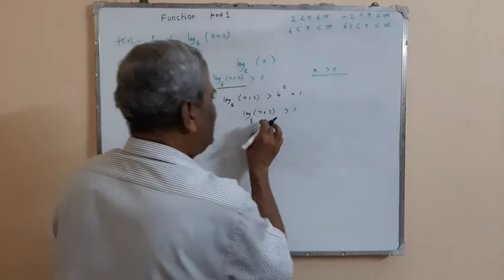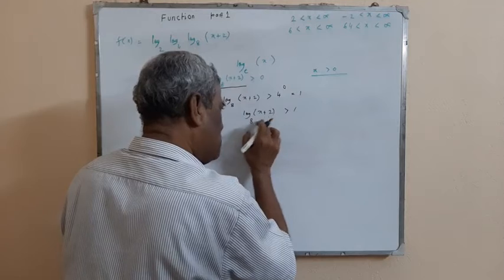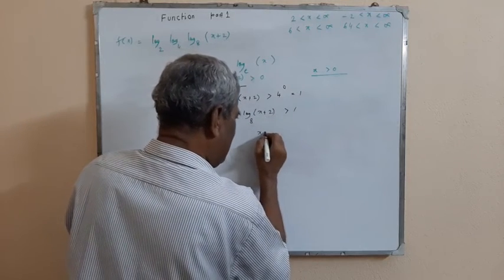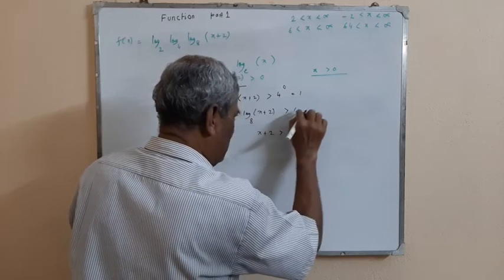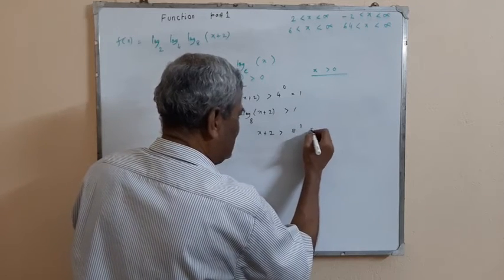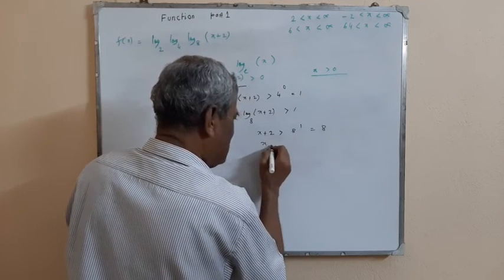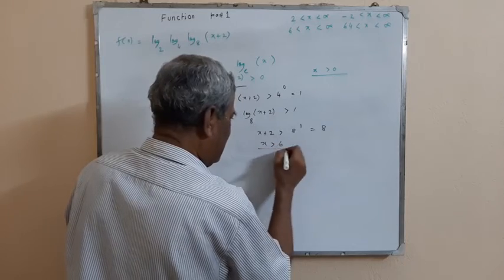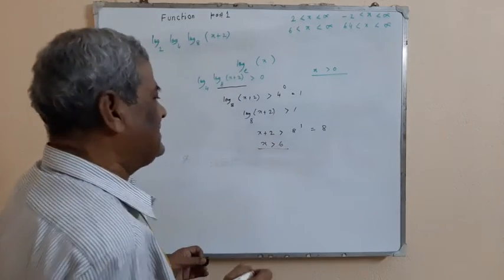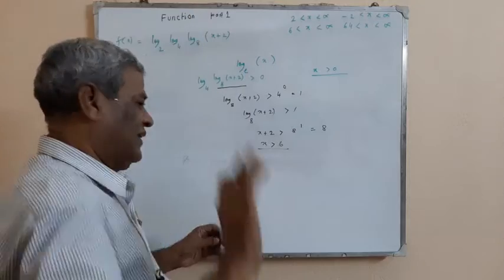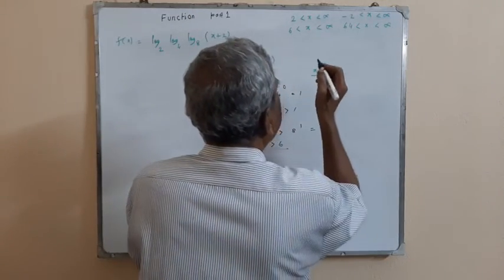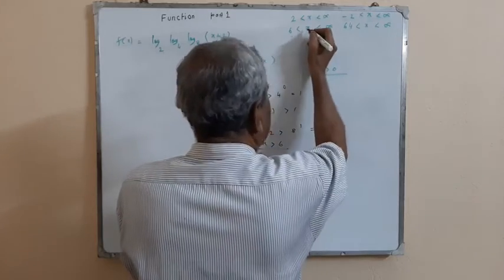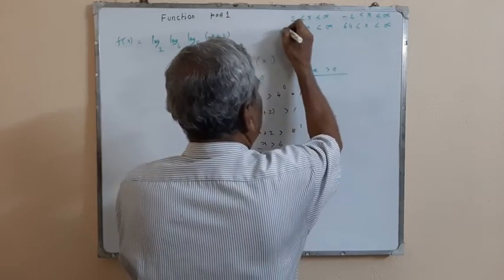Now from this, log of x plus 2 base 8 greater than 1 means x plus 2 is greater than 8 to the power 1, that is 8. That is, x is greater than 6, so x is in 6 to infinity. The domain of definition is x greater than 6, less than infinity.